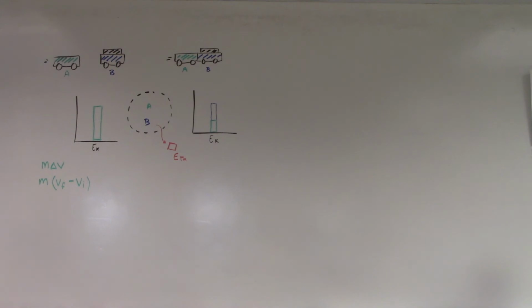Now, these are velocities, not speeds, so you have to know direction. So if your object is moving to the left, it's going to have a negative velocity. That's important. All right? So then you just calculate it.